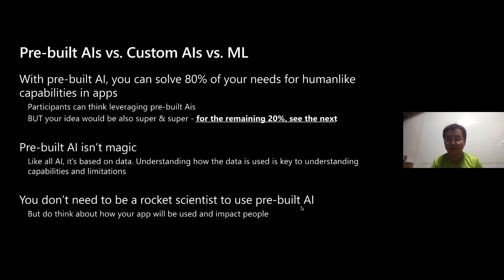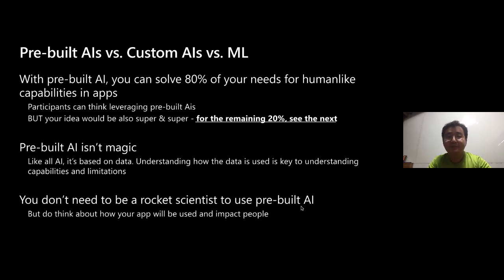statistics or research, pre-built models are introduced to solve lots of problems, about 80%. So it means that lots of problems actually can be solved using pre-built AIs for human-like capabilities in apps.